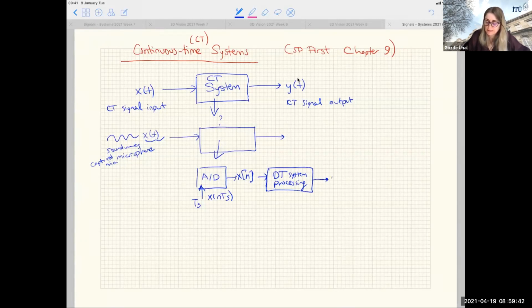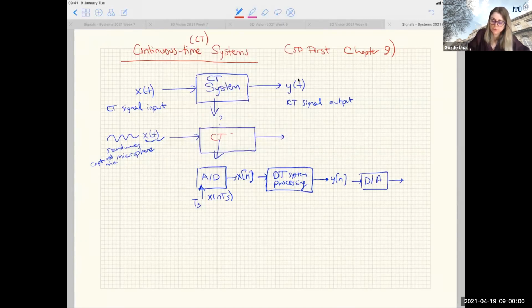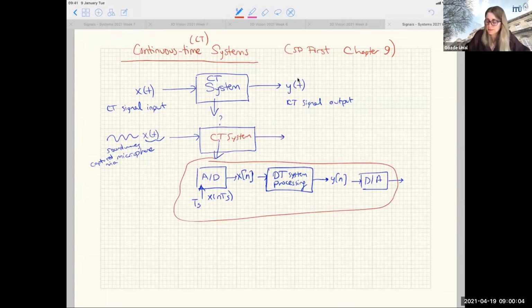Then, y of n goes out, and is converted with a discrete to analog system to y of t. So this continuous time system could be something like this. This is the way going through the digital, right?